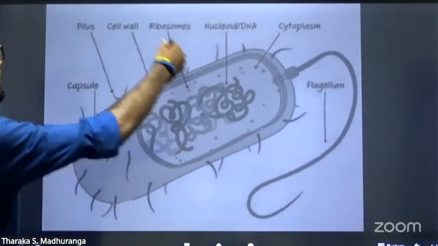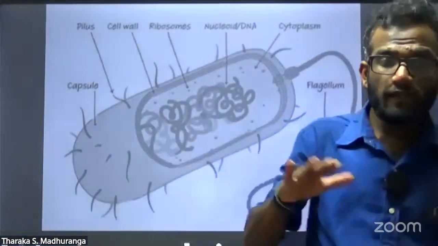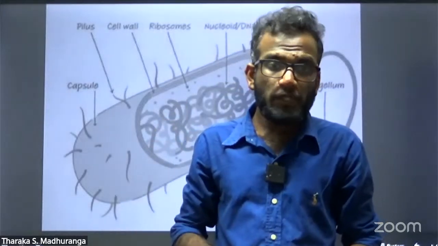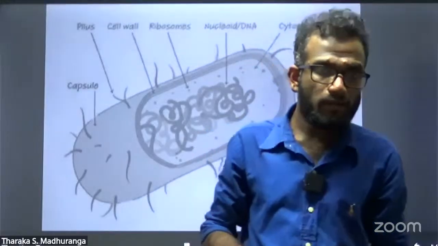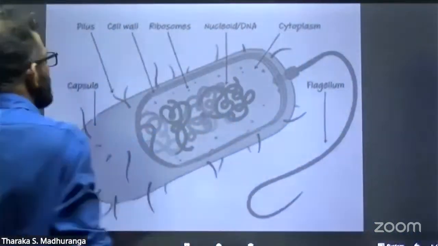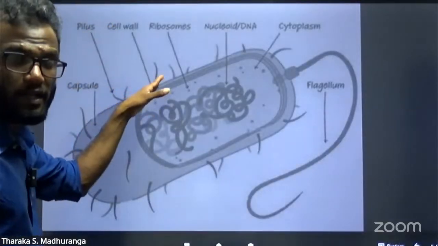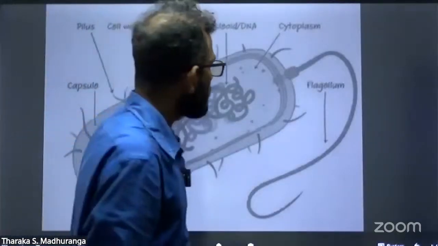After that, inside the capsule, the layer we call the cell wall. In bacteria, it is formed by peptidoglycan. The main molecule is peptidoglycan. You can note that down. After the cell wall, the inner layer is the cell membrane or plasma membrane.